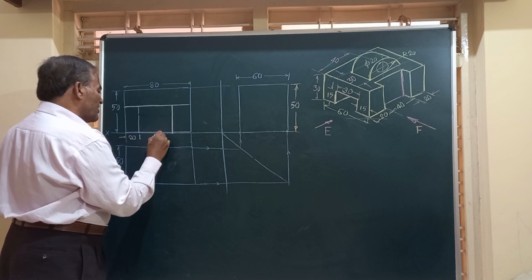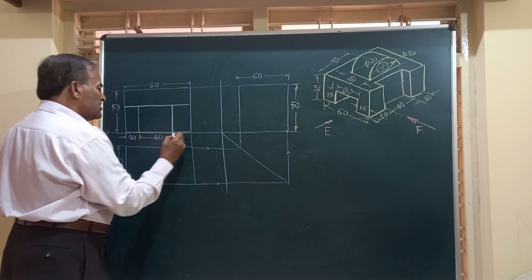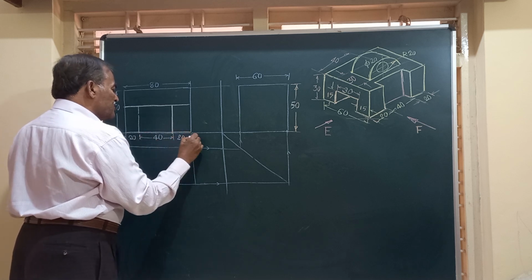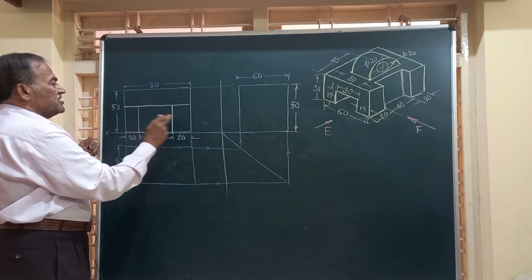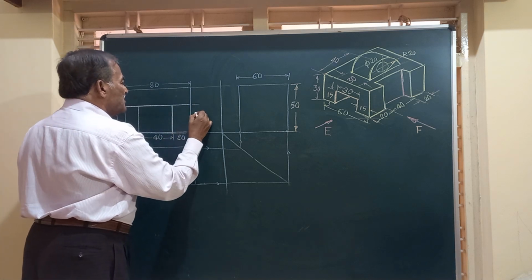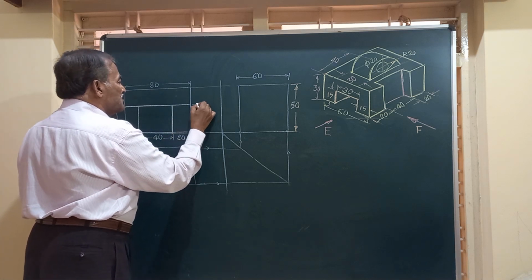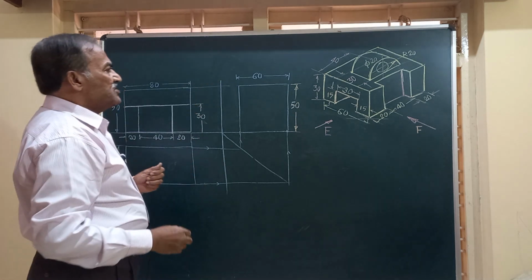This dimension is 40. And finally the last one is 20 again. So these two are symmetrical, so these two have the same dimension. This has got double the dimension. And friends, this is at a height of 30 millimeter, because over that you will have one more dimension.